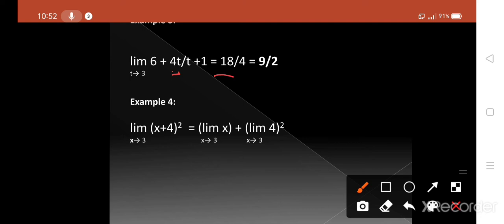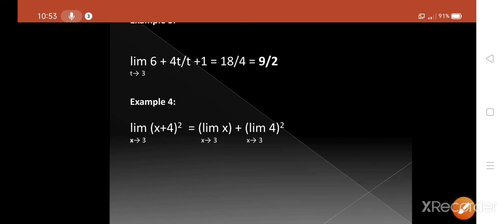All over, our value of t is 3, so 3 plus 1 is equal to 4. So we divided the numerator and denominator by 2, so 18 divided by 2 is equal to 9, then 4 divided by 2 is equal to 2, so our limit is 9 over 2.